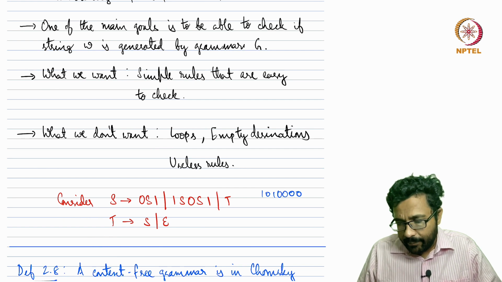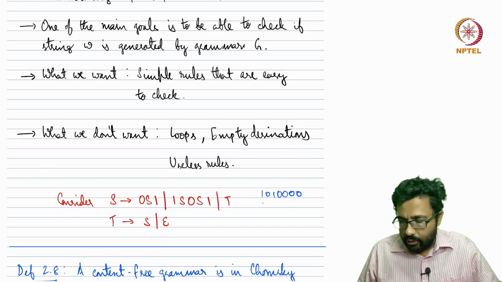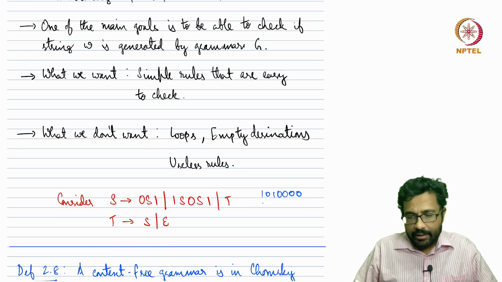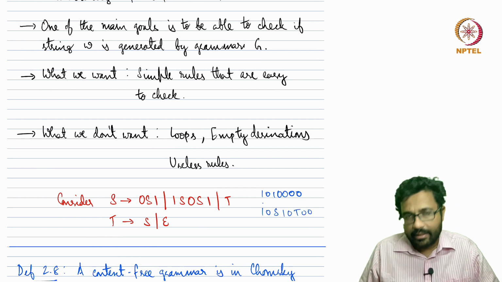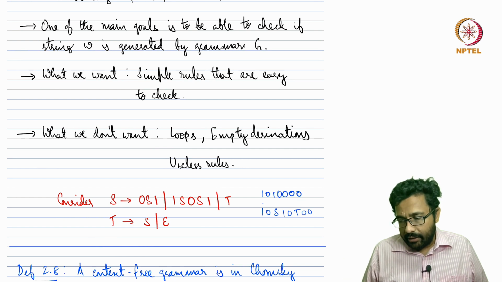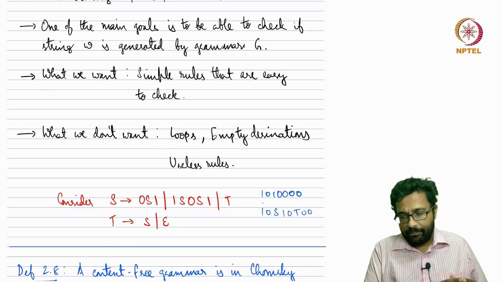Once you reach length 7, you see whether this particular string is derived from the grammar or not. You may also have other strings of length 7 which have variables in them, like 1 0 S 0 1 T, but the point is that it is enough to consider all strings up to length 7.